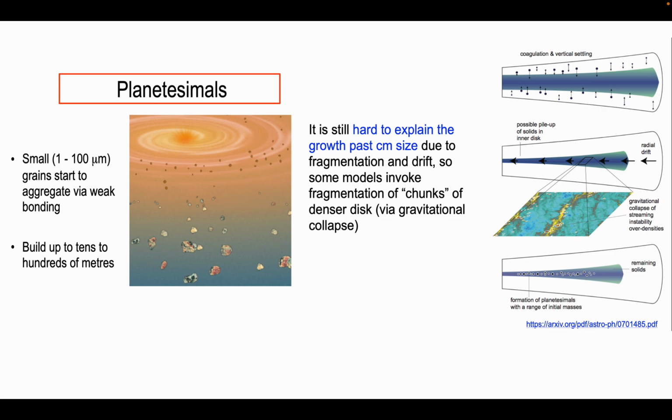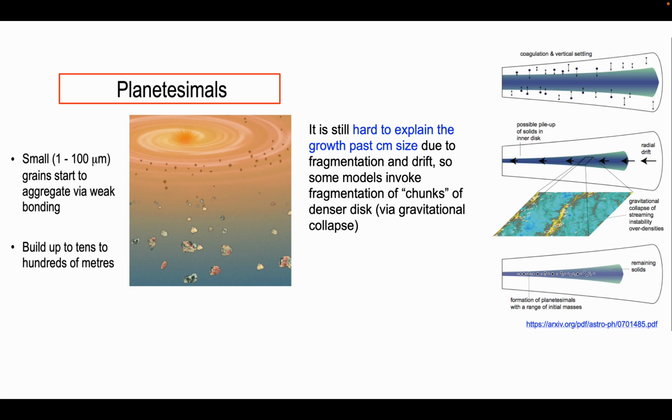It is still hard to explain the growth beyond centimeter size due to fragmentation and drift. There are some models which discuss the fragmentation of chunks of denser disks via gravitational collapse. I will not discuss this; I only want you to focus on what a planetesimal is.